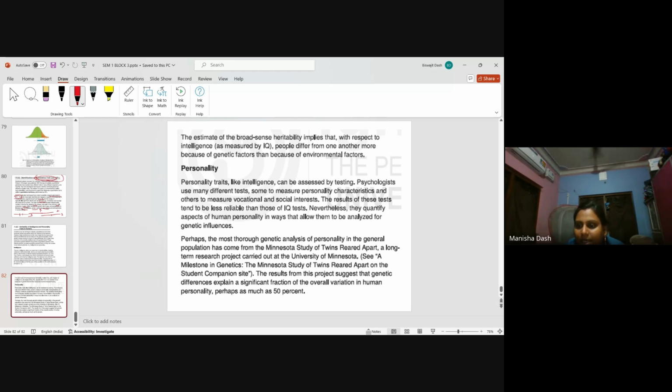I told you yesterday that these are the ways by which eukaryotic gene expression is broadly regulated: the epigenetic modifications and, in addition, the transcription factors. There are various transcription factors which also regulate the expression of the gene profile. Okay, so both in eukaryotes and prokaryotes.